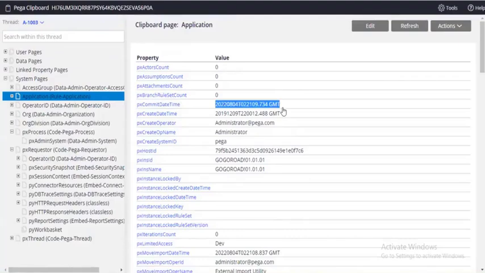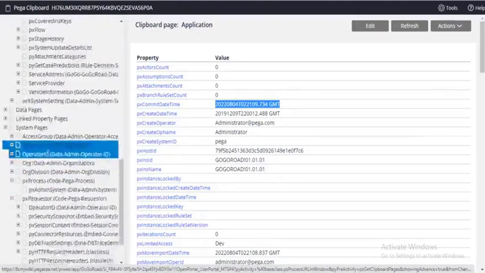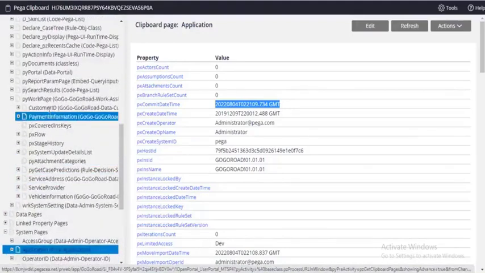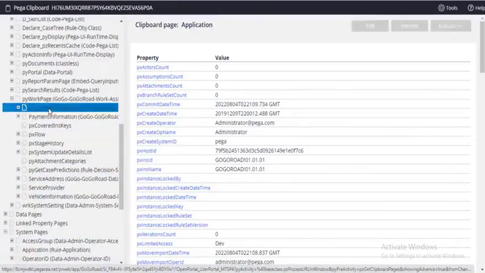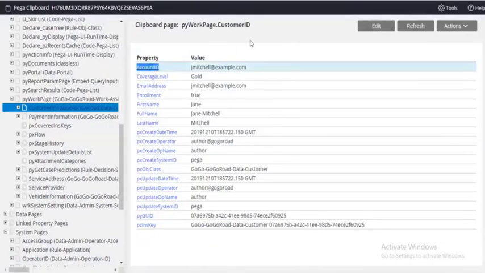So one question: do these properties come under only system pages, or under all the pages? If you see the user page, suppose you have clicked on customer ID. Account ID is one property, the property which we have created.